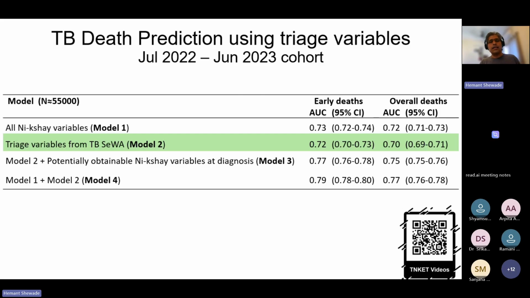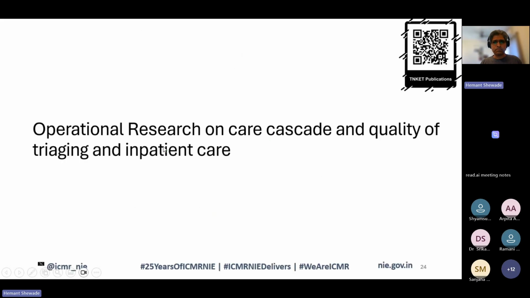Routinely, it usually takes 2, 3, or 4 weeks to capture them. Hence, the justification to use these 5 triage variables. If additionally, we add these potentially obtainable Nikshay variables, you can further improve the death prediction by the model significantly. So it is this model 2 that we introduced into TB Seva, which provided predicted probability of TB death.